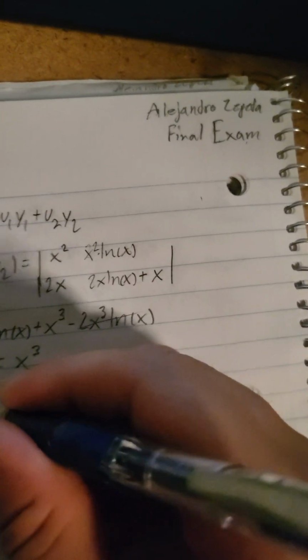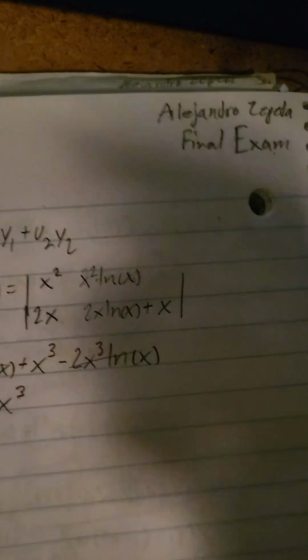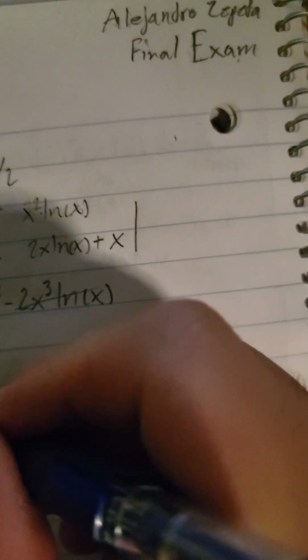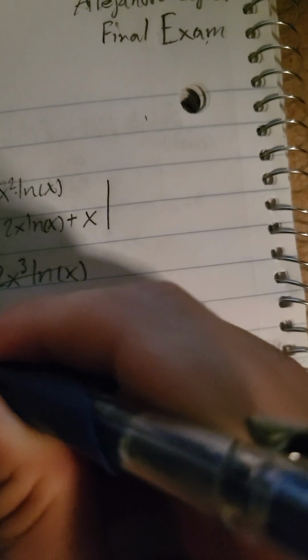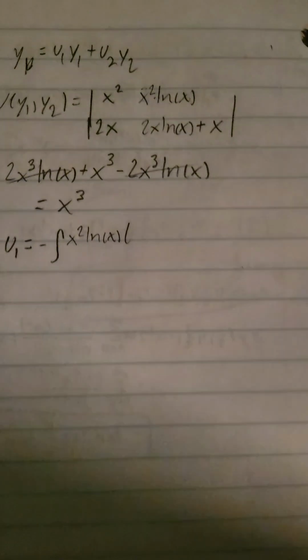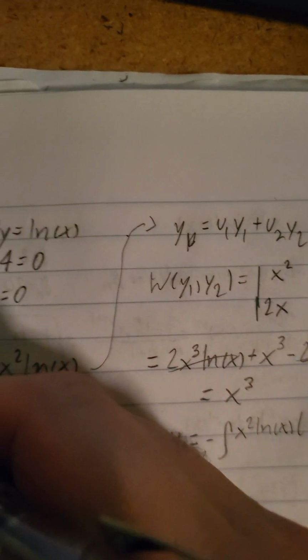Now we can go ahead and start solving for the u's. And I know u1 is going to be negative integral of y2, so x squared ln x, times, I need f of x, so I'm going to go back here and get my original equation.